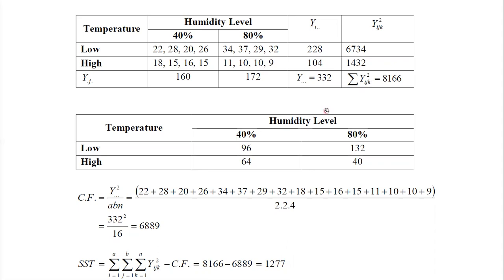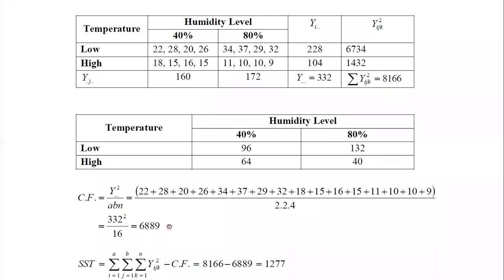Taking the grand total 332, squaring it, then dividing by 2 times 2 times 4, because we have 2 levels of temperature, 2 levels of humidity, and 4 observations inside each combination. Then the calculation leads us to the answer 6889.